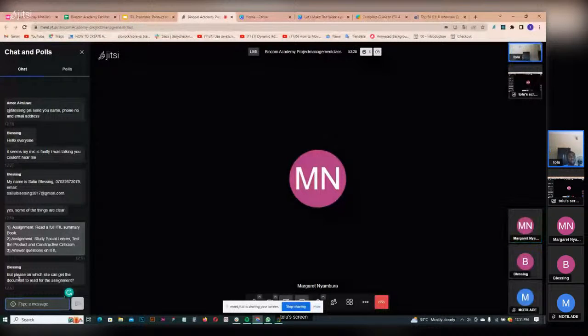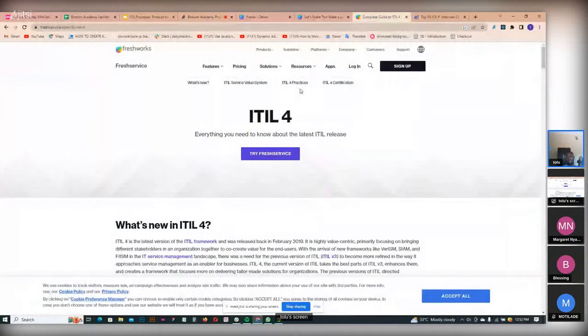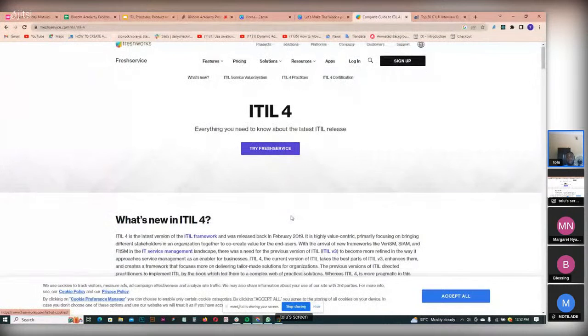Let's say if you go online and just search for ITU books, it will bring it out. There are different ITU books you can use. Just go on the way I did here. I just went on the internet and searched for an ITU book. This is an ITU book that you can read. Just go through it.